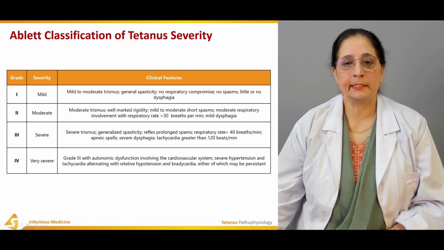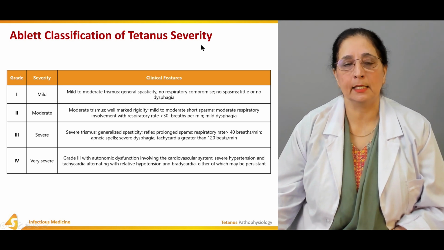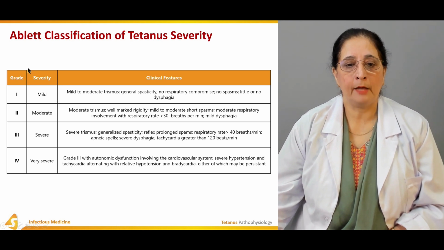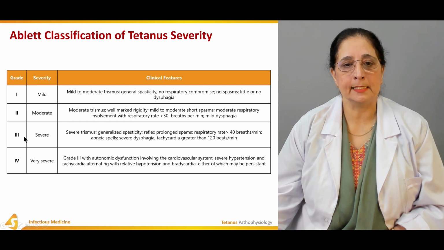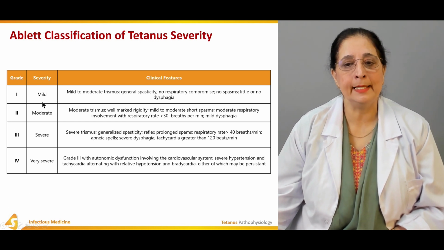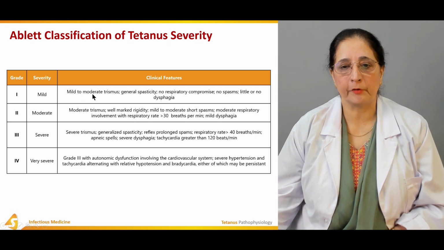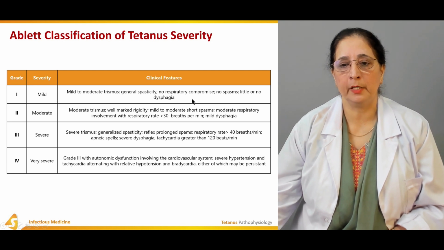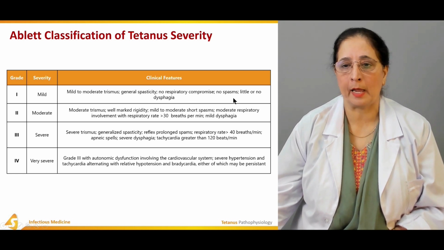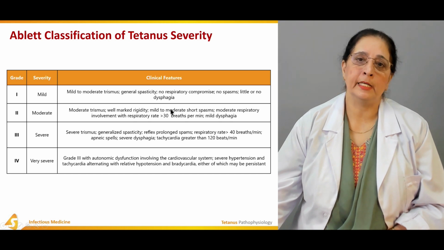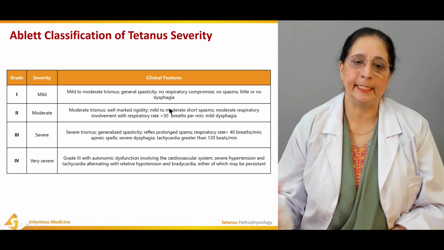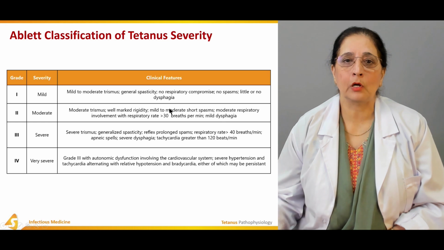Next, the Ablett classification of tetanus severity. We have 4 grades of tetanus severity. Mild cases: mild to moderate trismus, spasticity, no respiratory compromise, no spasm, little or no dysphagia. So it's a mild condition, and definitely the prognosis is better.